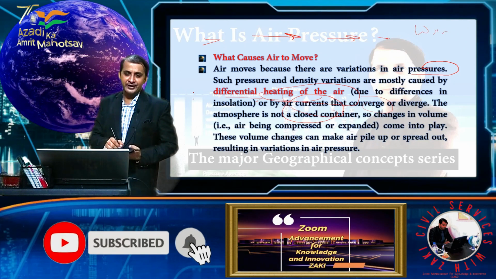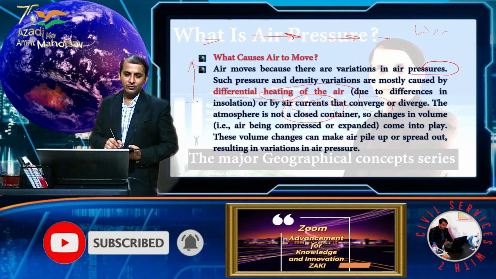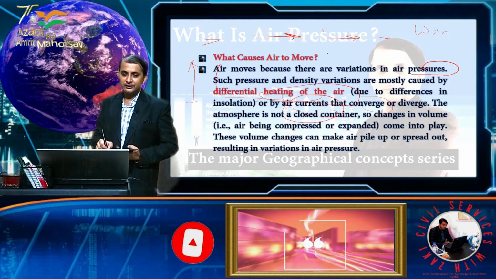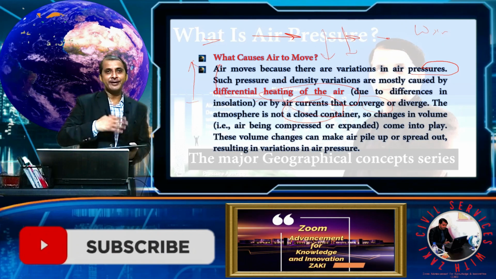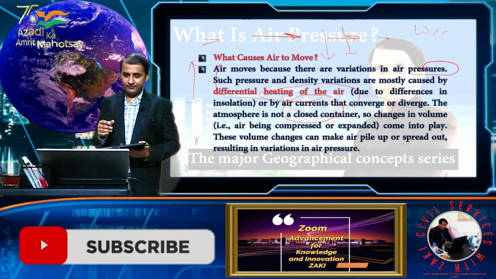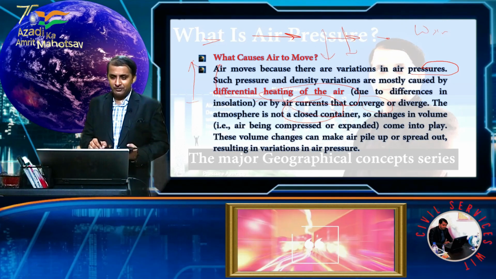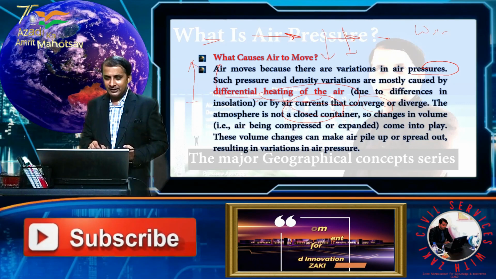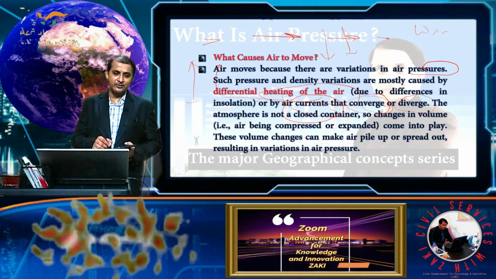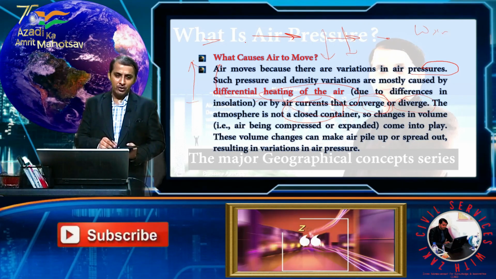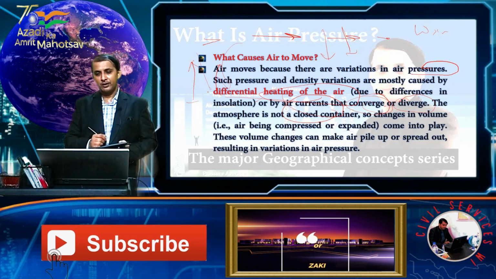If air flows vertically, like from lower to upward, it is called air current. So air currents either converge or diverge. It means they go up or they sink down.